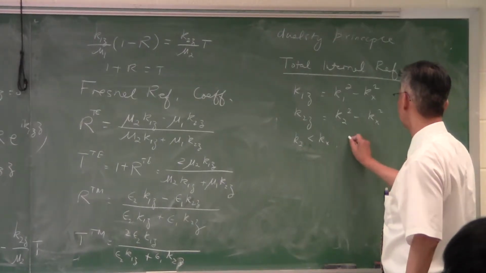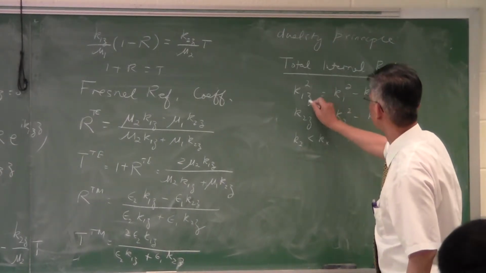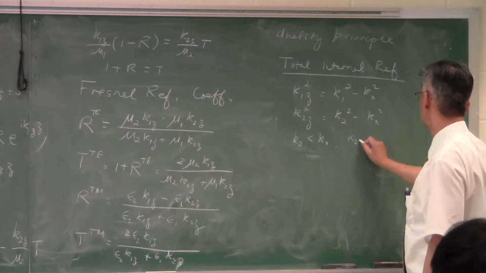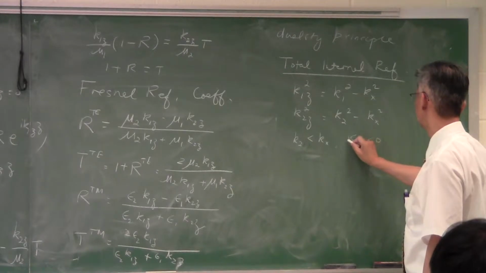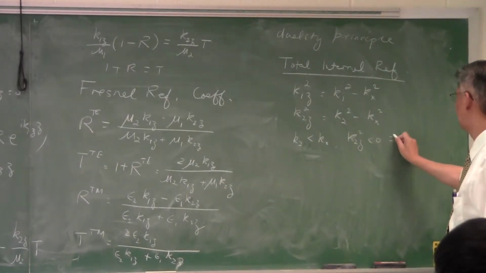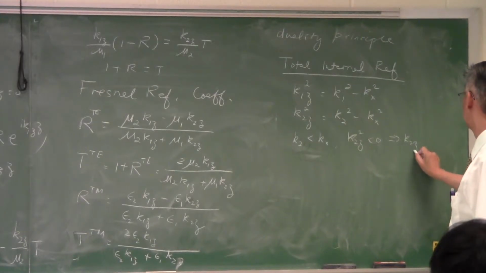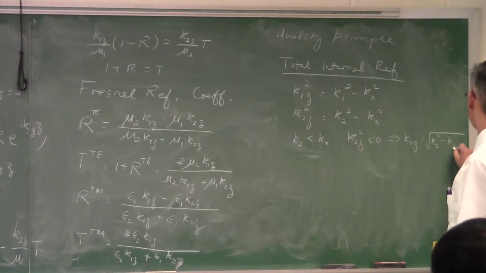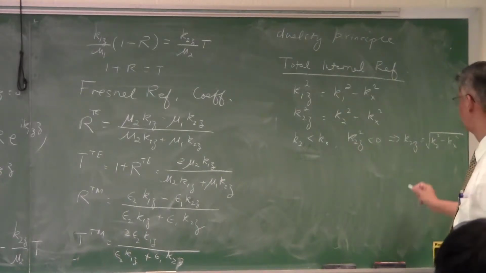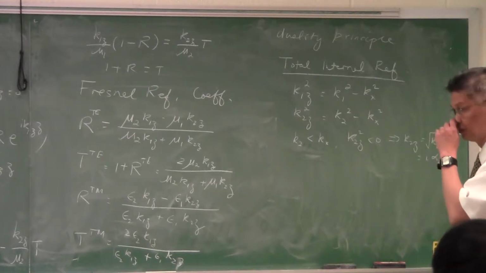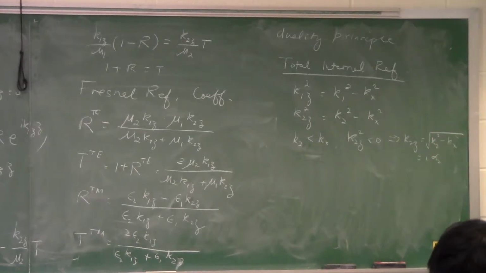In this case, sorry, this should be k2 squared, then k2z squared is negative, implying that k2z, which is the square root of k2 squared minus kx squared, is purely imaginary. It may be something like i alpha 2.